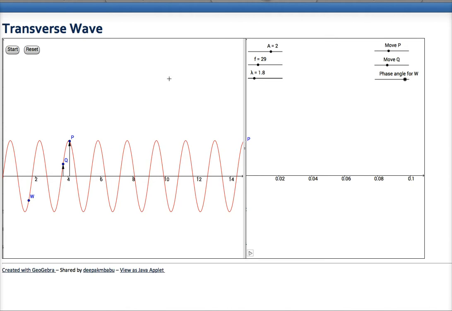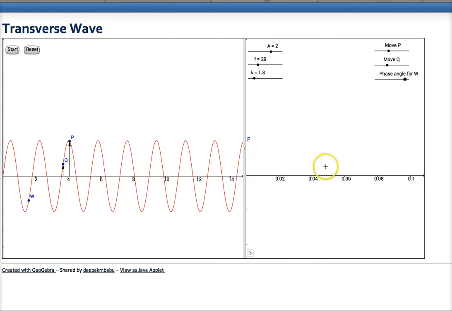Remember that when we do transverse waves, there are really two graphs at any point in time. The left-hand side graph represents all the particles at any point. All the particles originally lie on this black line. On the x-axis is distance, and on the y-axis is the vertical displacement of each of the particles.